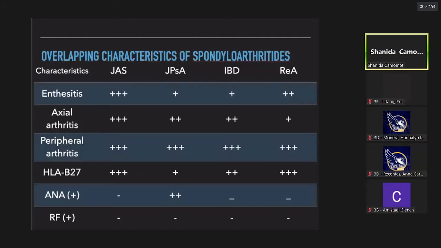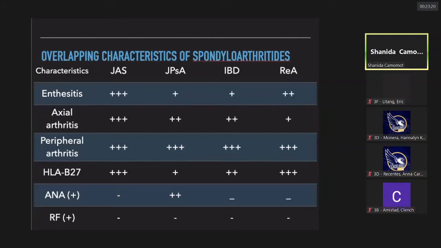Now, this is a table showing you the overlapping characteristics of the spondyloarthritis. To mention, enthesitis is more prominent in juvenile ankylosing spondylitis. Axial arthritis is not that frequent in reactive arthritis compared to other conditions. All four conditions will have peripheral arthritis.